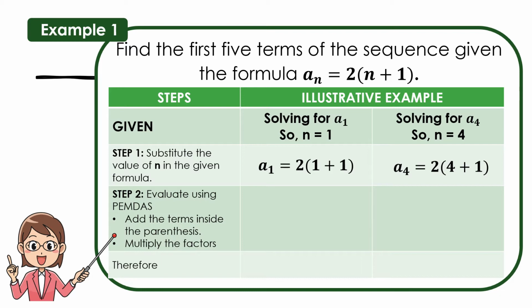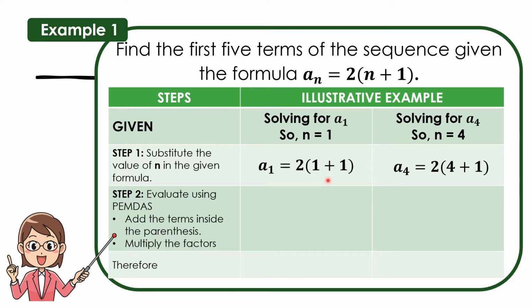Since we are done substituting the value of n to our formula, we can now proceed to step 2, which is evaluating using PEMDAS rule. For the first term, we have a sub 1 is equal to 2 times the quantity 1 plus 1.